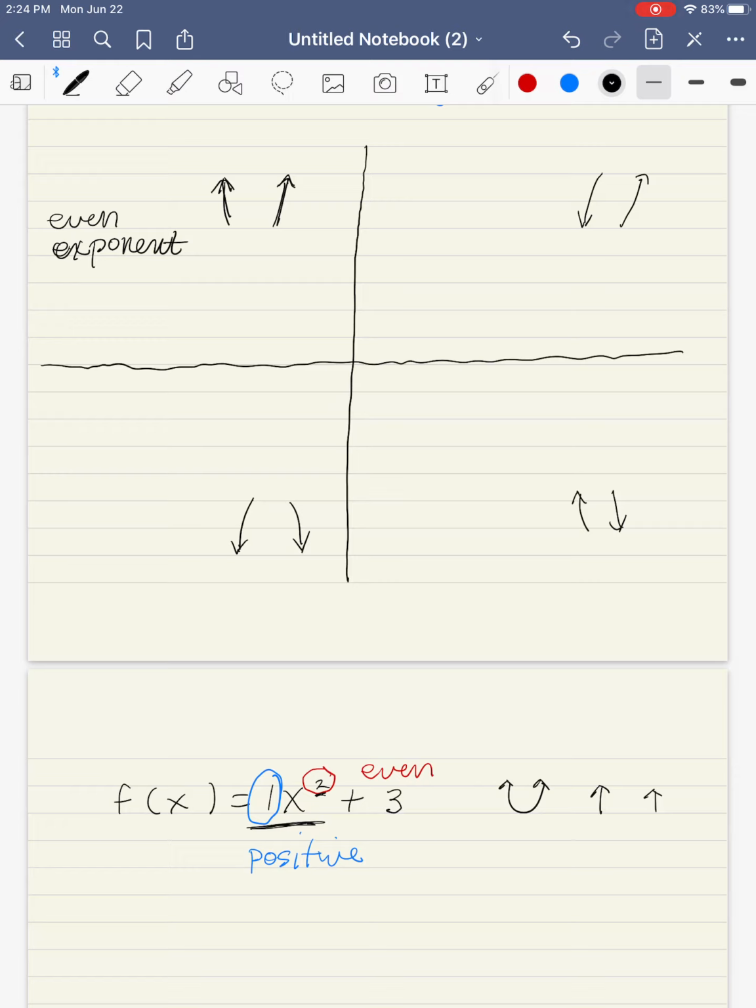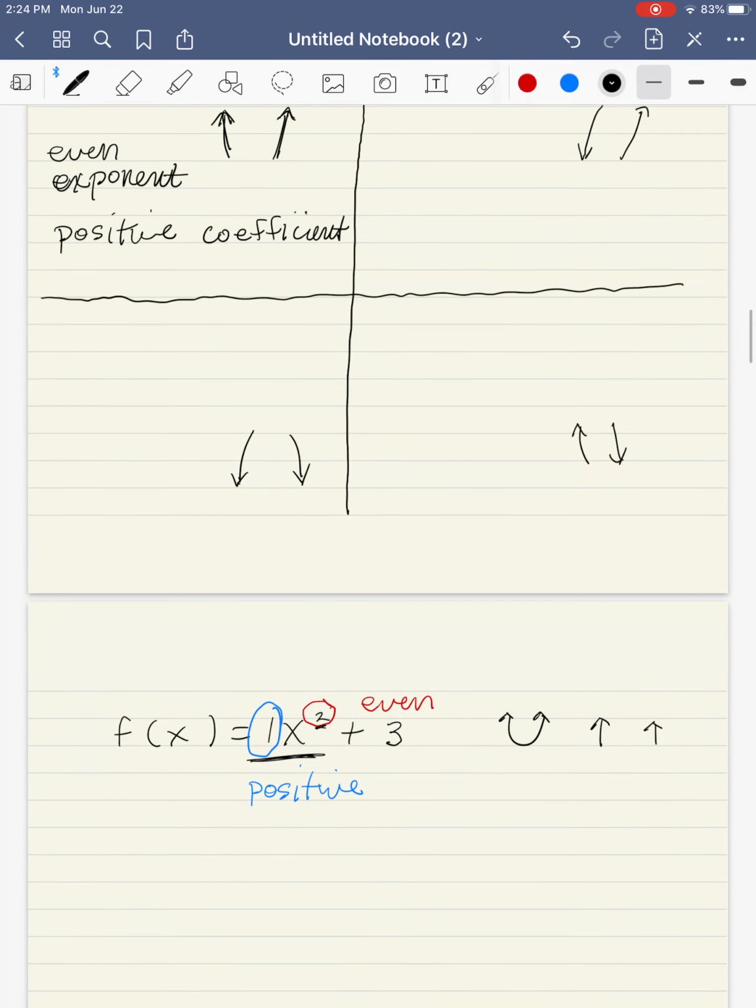And this is always the leading term, the term with the highest exponent. And a positive coefficient.